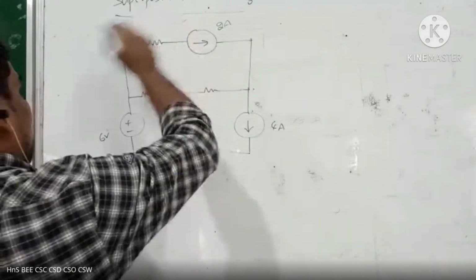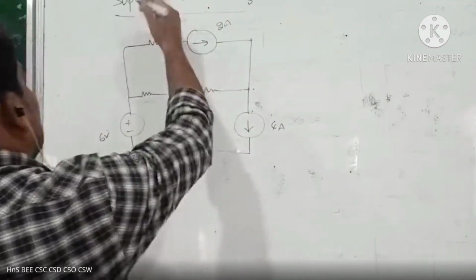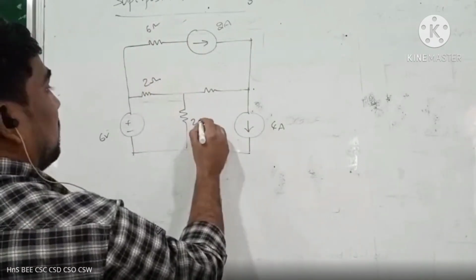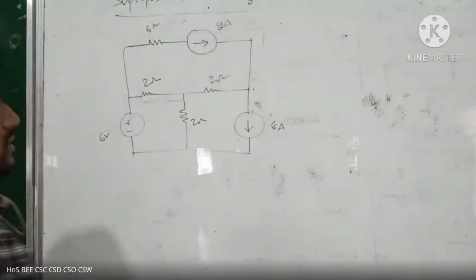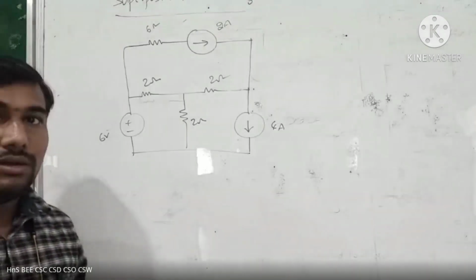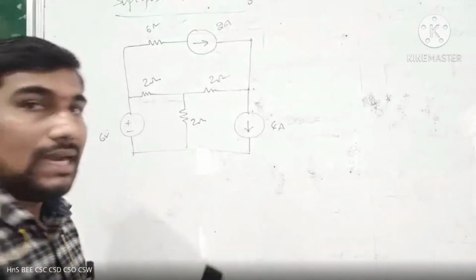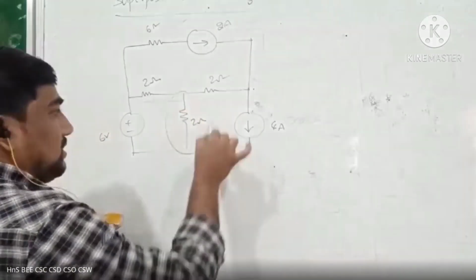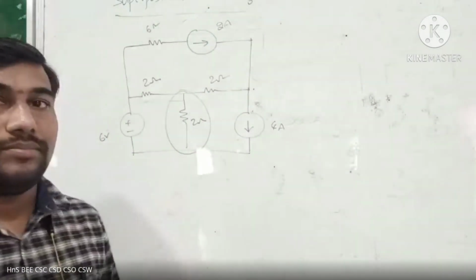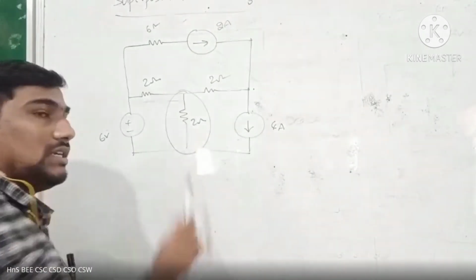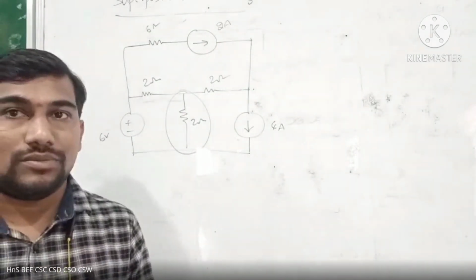Of these, one is a voltage source and the remaining 2 are current sources. Okay. In our given circuit, find the current across this branch by using the superposition theorem. That is the given question. Find the current across the 2 ohm resistance by using the superposition theorem.